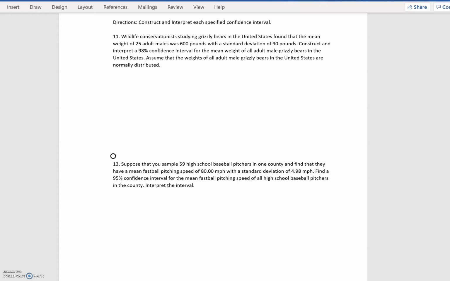Let's start with number 11 from the text. A wildlife conservationist studying grizzly bears in the United States found that the mean weight of 25 adult males was 600 pounds with a standard deviation of 90 pounds. Let's write down what's given to us. The sample size is 25. The sample mean was 600.